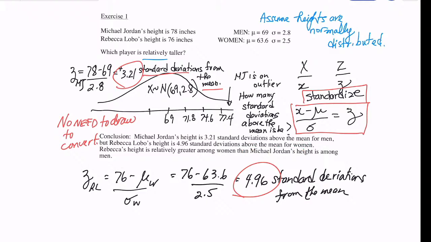Rebecca's height is relatively greater among women than Michael Jordan's height is among men. So that's one thing we can do with the standard normal. Any normal distribution can be standardized, and then we can use the standard normal table to make predictions.